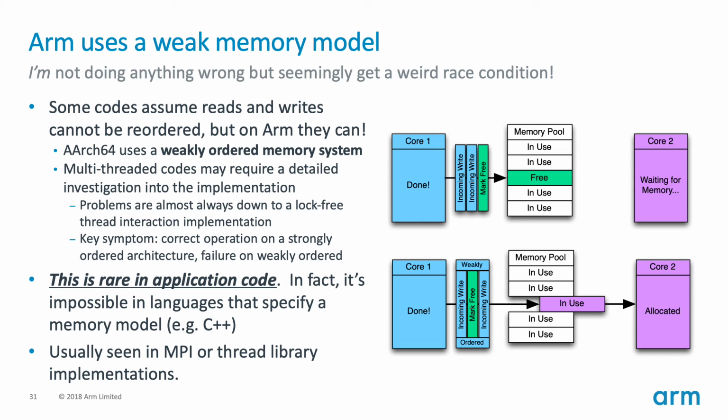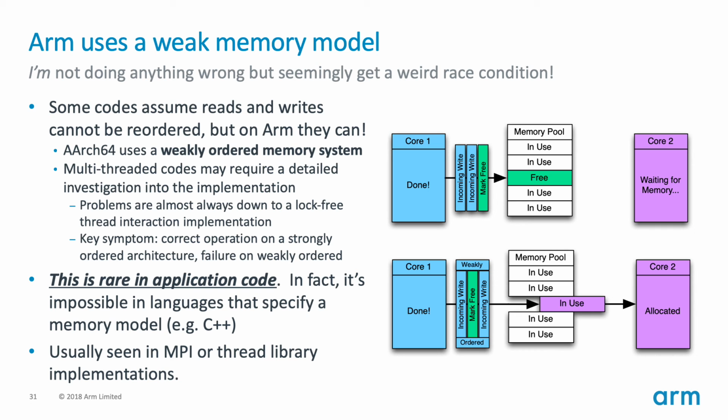This usually manifests in strange race condition type failures in multi-threaded codes, and it's almost always related to some lock-free thread interaction implementation. Now, first, this is a very rare symptom in application code, and in fact, languages that specify a memory model like C++ make this impossible because the language memory model is going to supersede whatever the hardware provides.